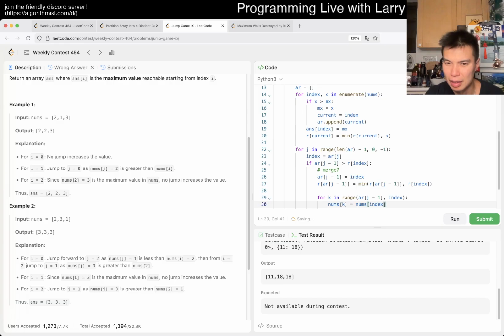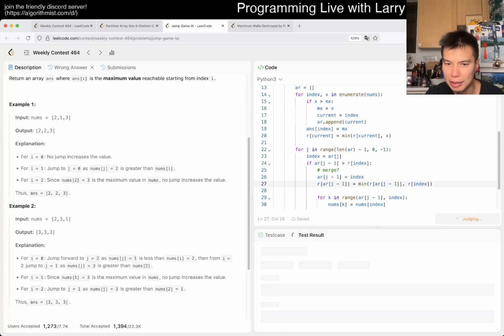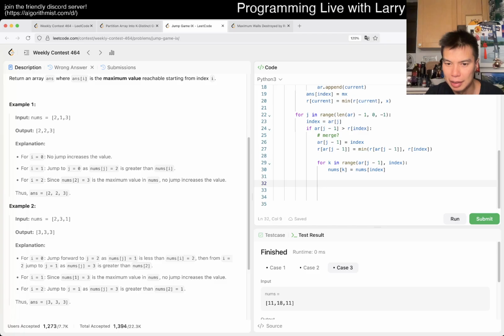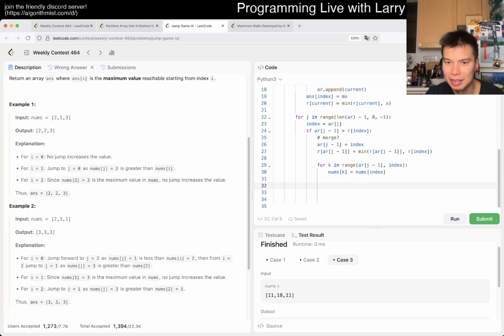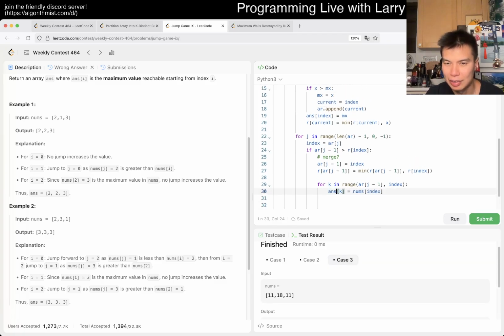Something like this. Though this is wrong, but no, this is right. I wrote this in a really weird way, so I might just be messy. I don't even return an answer. And also this is answer.